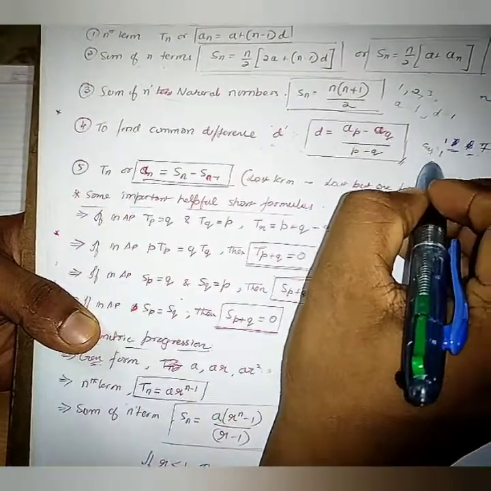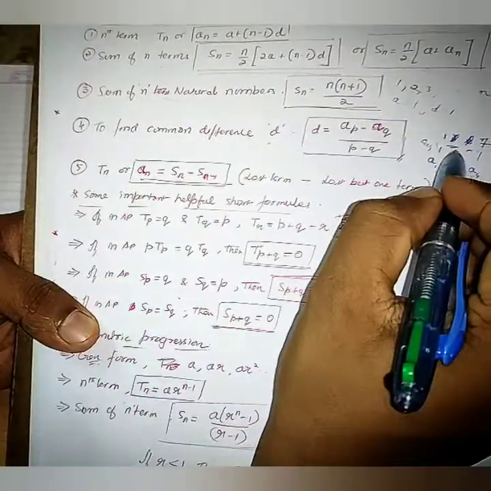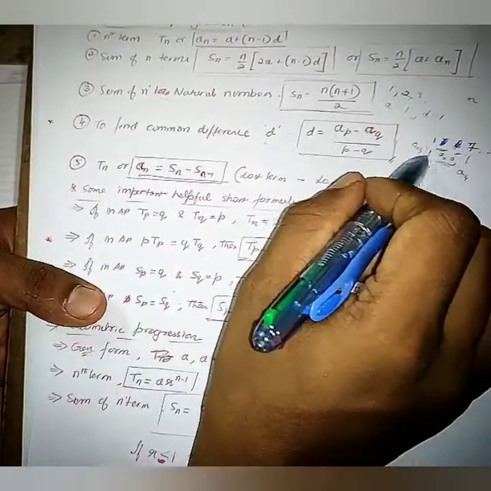So this is my a1 and this is my a4. The a2 and a3 are missing. So how can I find out the common difference?